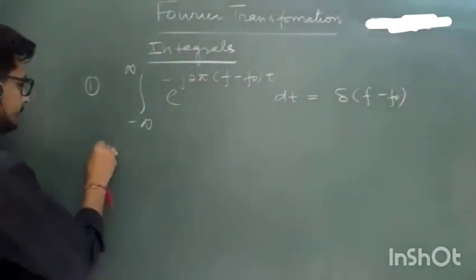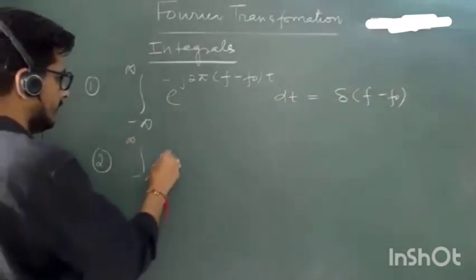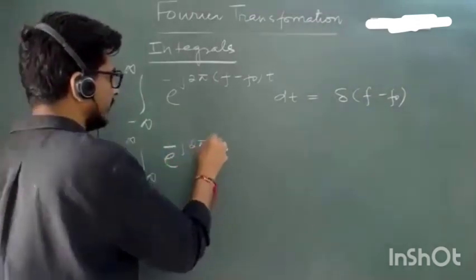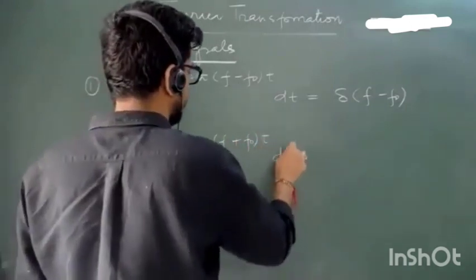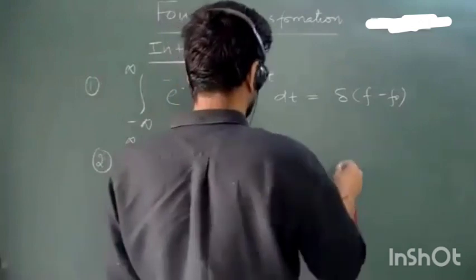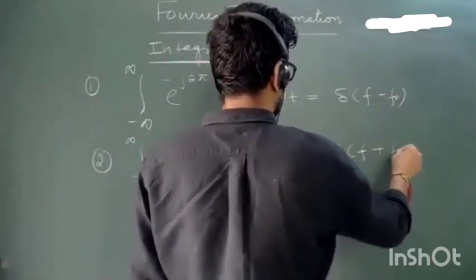And second, the integral from minus infinity to plus infinity of e to the power minus j2 pi (f plus f naught) t dt will give you the delta function of f plus f naught.